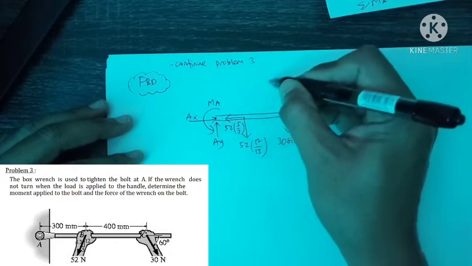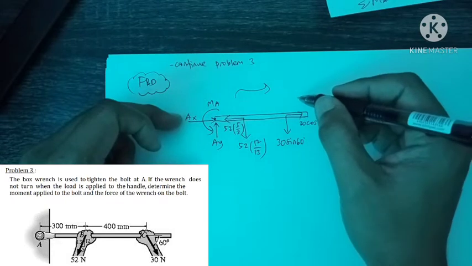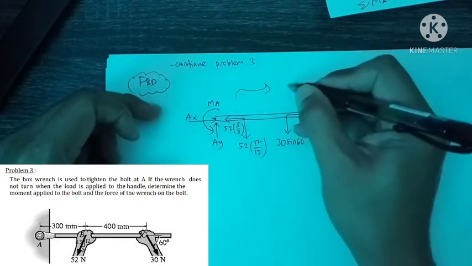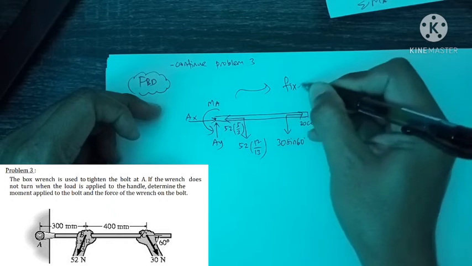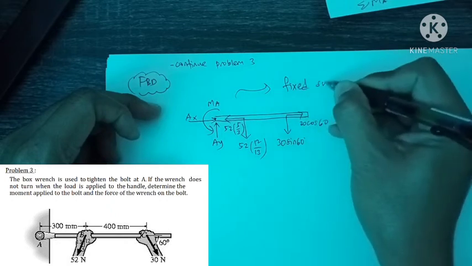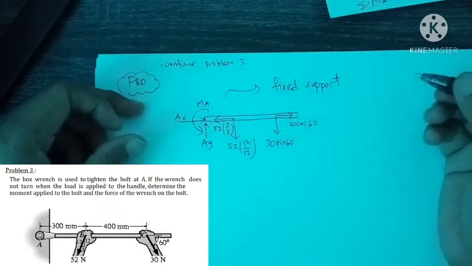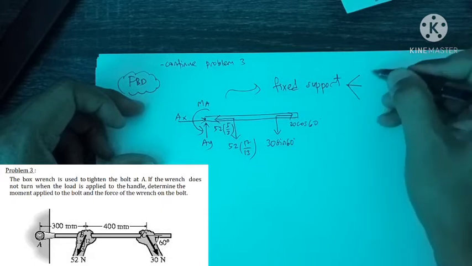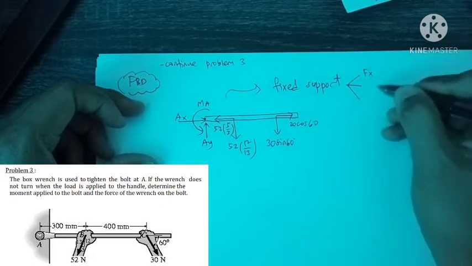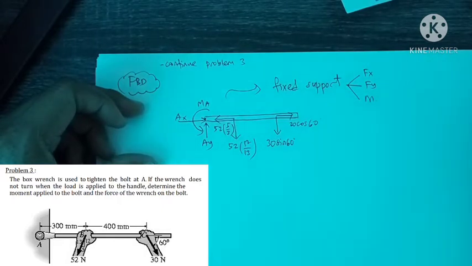So actually this ball at A will act similar to the fixed support. The fixed support will produce force in X, force in Y, and moment at the point.